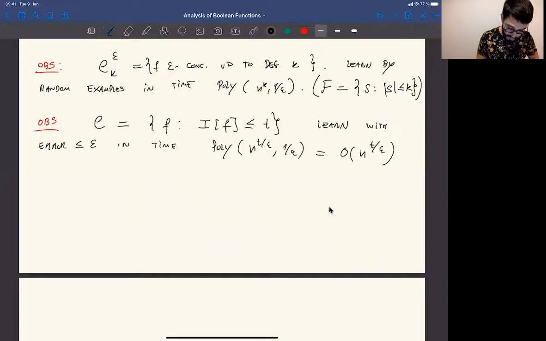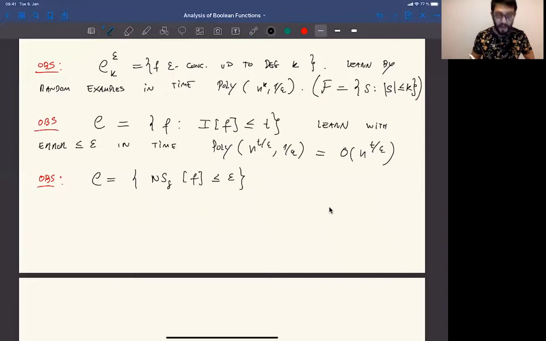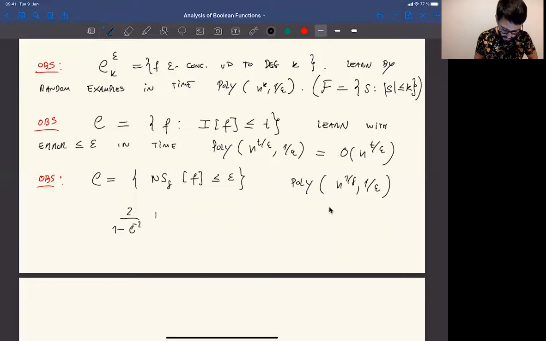Okay, another class you can learn fast is also the class which has small noise stability, and this is just because we can also learn in poly n, 1 over delta time, and you can learn this because you have this inequality which we showed.